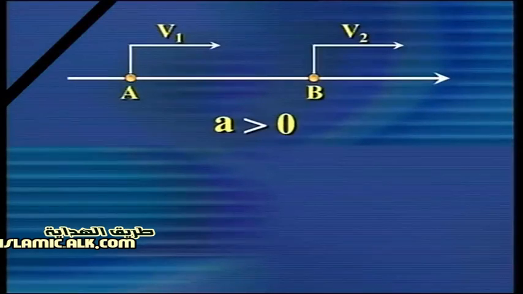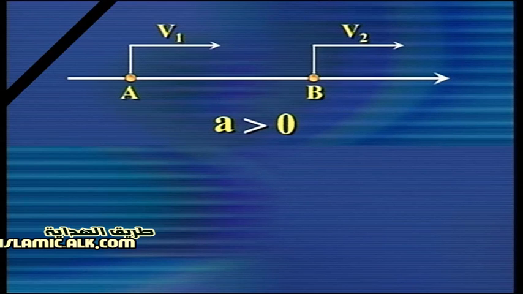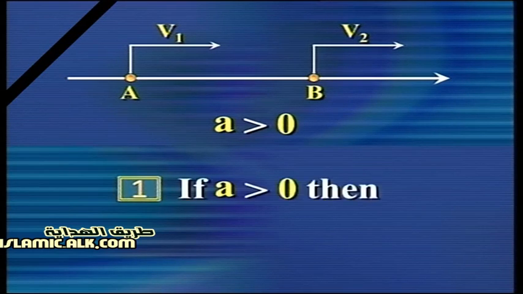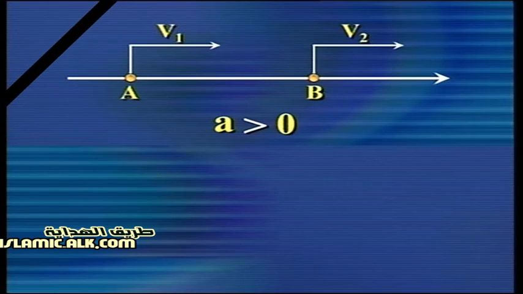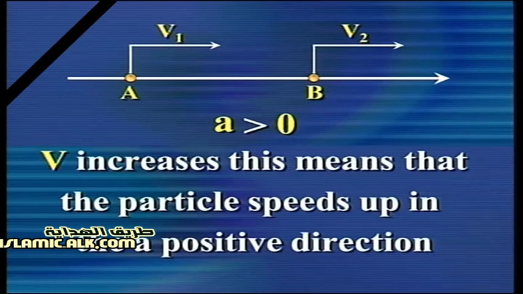Look at the opposite graph, A more than 0. What do you mean by acceleration more than 0? We have two cases. In the first case, if A is more than 0, then v increases.